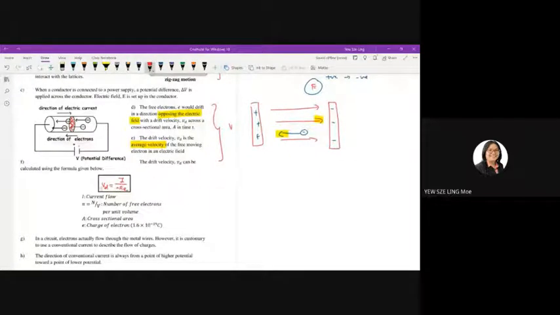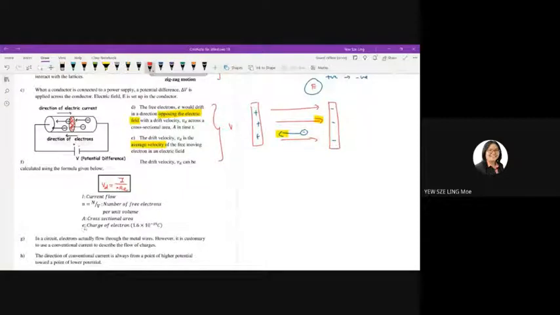Where Vd represents drift velocity, I is the current, the magnitude of current. Small letter n is the number of free electrons per unit volume. A is the cross-sectional area. e is the charge of electron. Now this e is the elementary charge, but since we are looking at the conductor, we are looking at the electron flow.